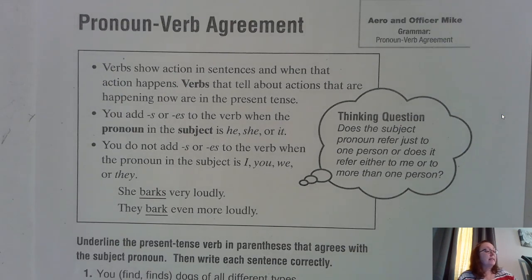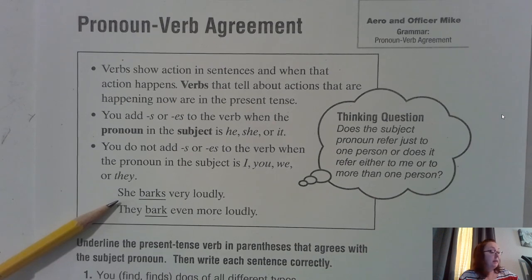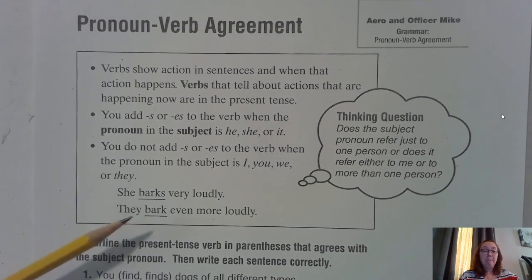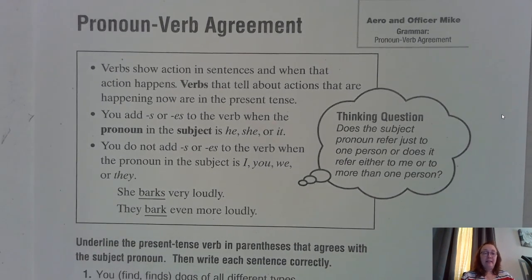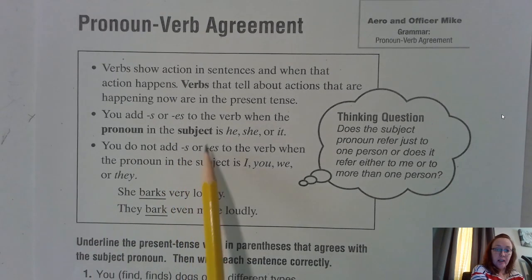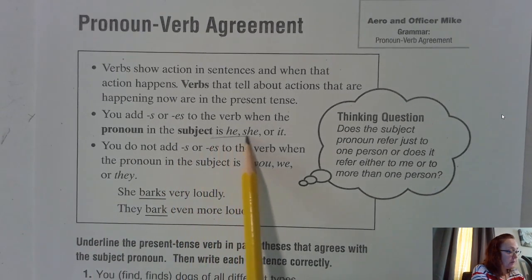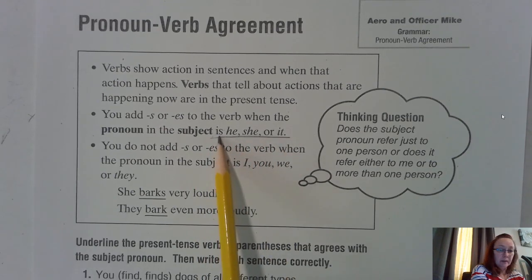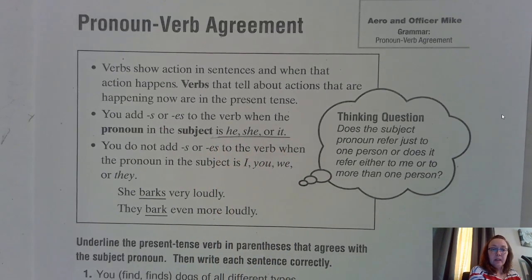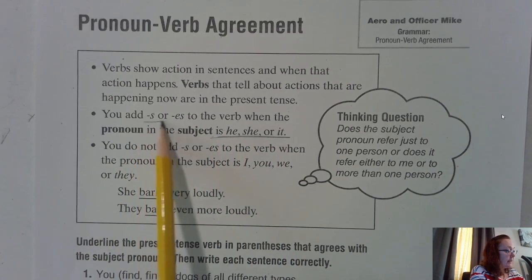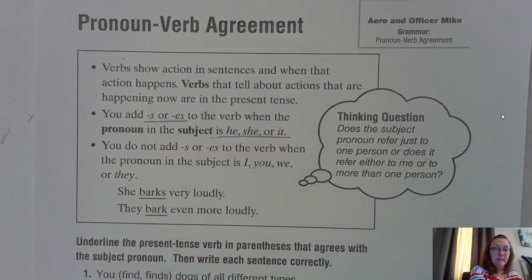Okay, let's take a look at our examples right here. She barks very loudly. Let's find she. I'm going to double check. This looks very important, so I'm going to underline it so I remember. Do I add the S if it's she? Yes, I do.